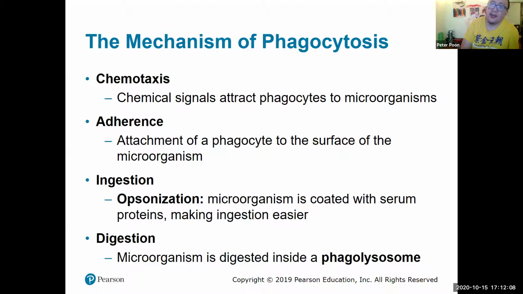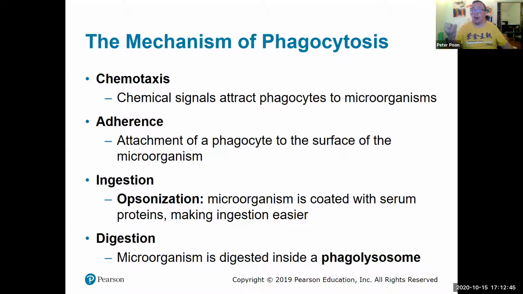Okay, the mechanism of phagocytosis. Chemotaxis: chemo, chemistry, taxis, movement. So chemical signals. What phagocytes do is something called positive chemotaxis. They move toward certain chemical signals, and that usually leads them to the microorganism. Adherence is attachment of the phagocyte to the surface, and ingestion is the swallowing of the microorganism.